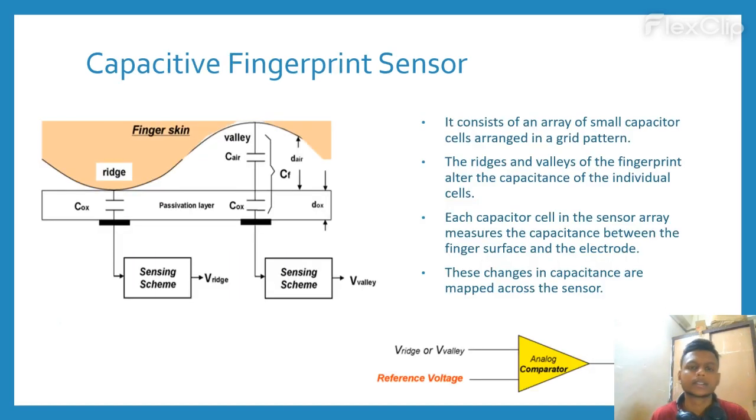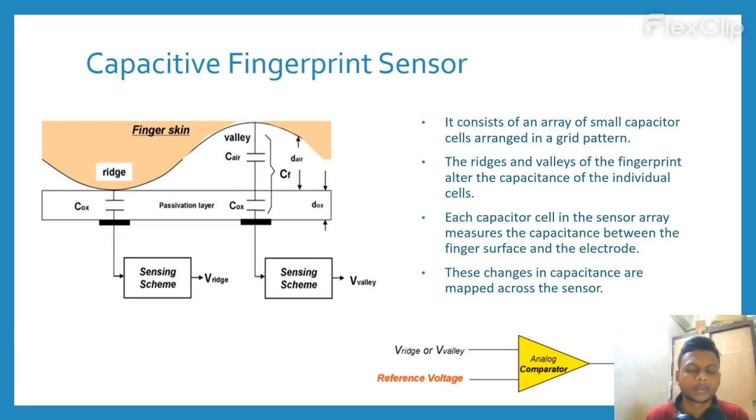Further, we will discuss the capacitive fingerprint sensor. As you can see, it consists of small capacitor arrays arranged in a grid pattern. When a finger is placed on this sensor, the ridges and valleys of the fingerprint alter the capacitance of the cell.